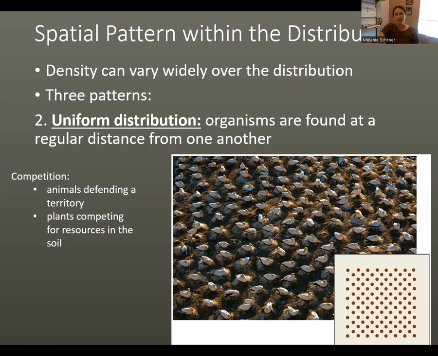Okay, we see this pattern a lot in animals, or animals and plants, that kind of have a territory, right? So multiple bears, like carving out their own piece of land, their own territory. They're going to expand as much as possible, and usually the territories turn out to be approximately the same size.